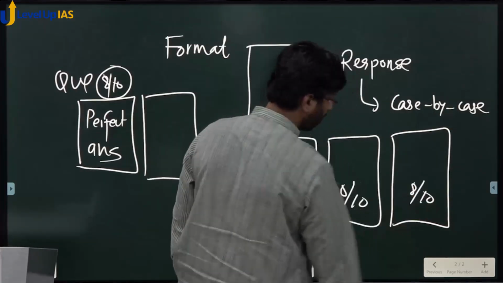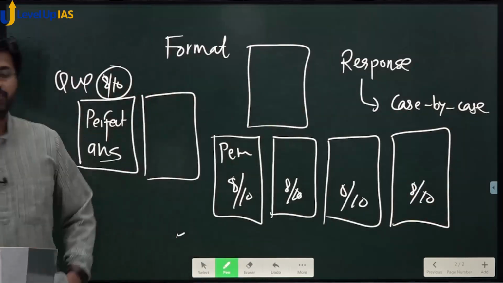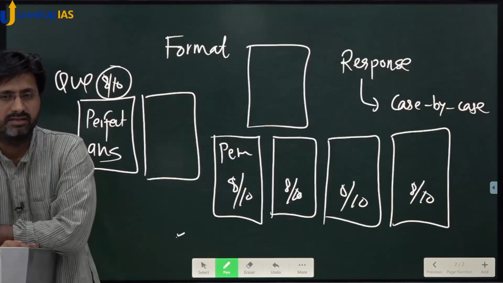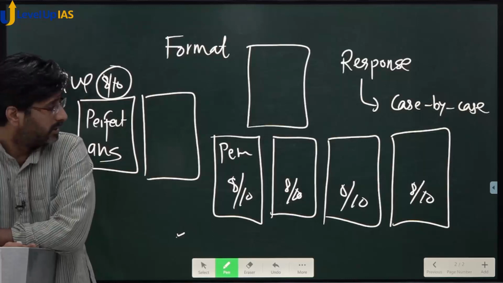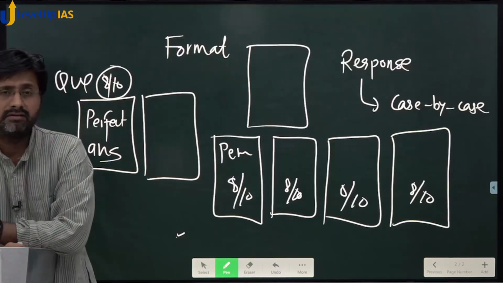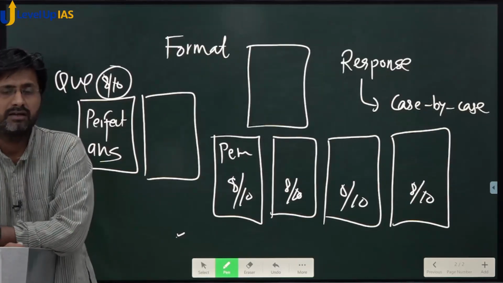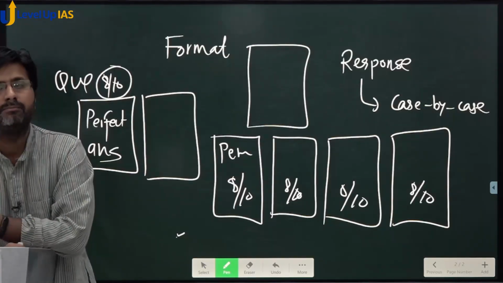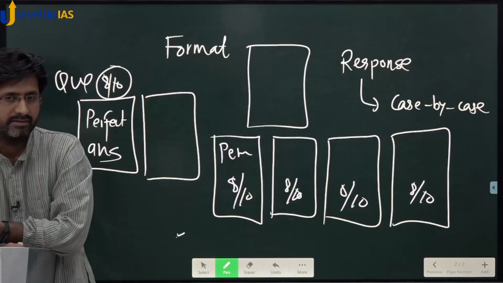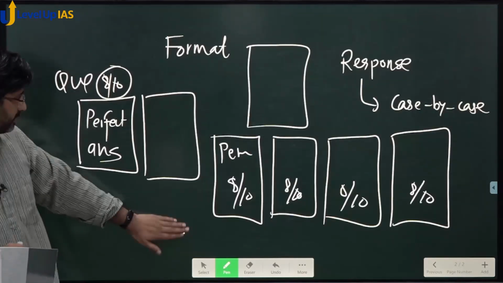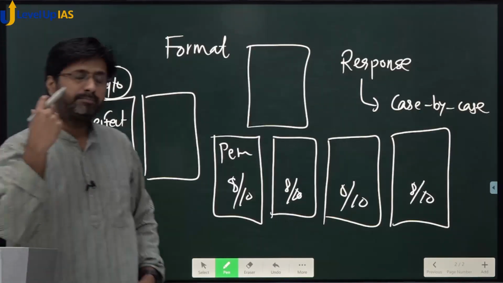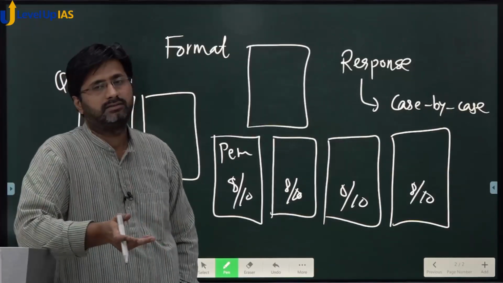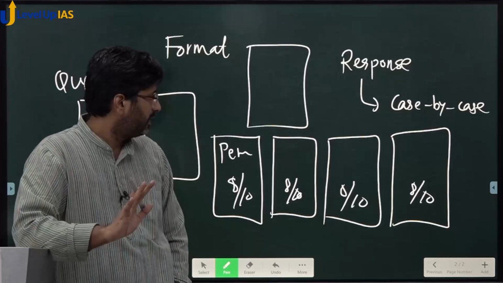Obviously, there will be some common features, but keep this in mind while solving case studies: the maximum possible marks are not entitled to only one type or one method or one way of writing the answer. In fact, the way you present can be very different from another person, and both can get 8 out of 10 marks. I hope you understand this.